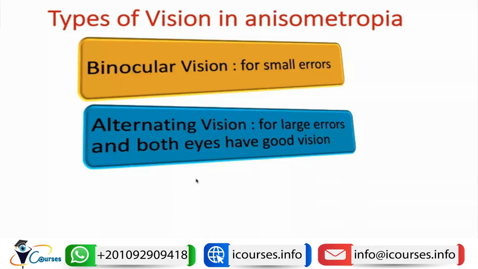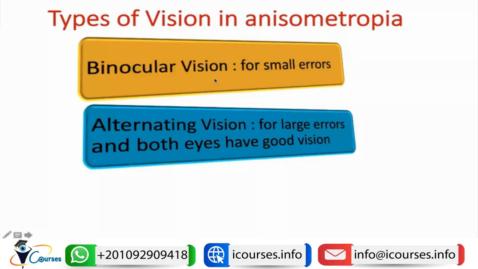For example, if the patient has myopia in one eye and hypermetropia in the other eye, leading to anisometropia, the person will use his myopic eye for near vision and his hypermetropic eye for far vision, and frequently alternate between them. So it means both eyes have good vision.